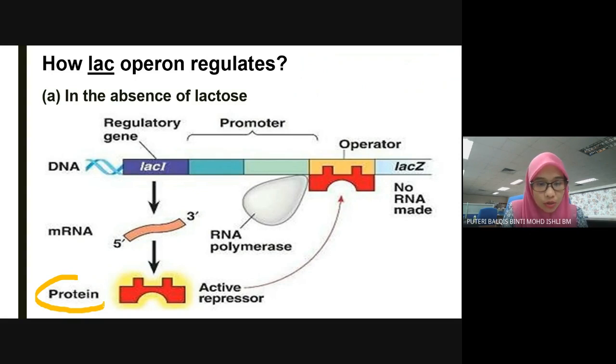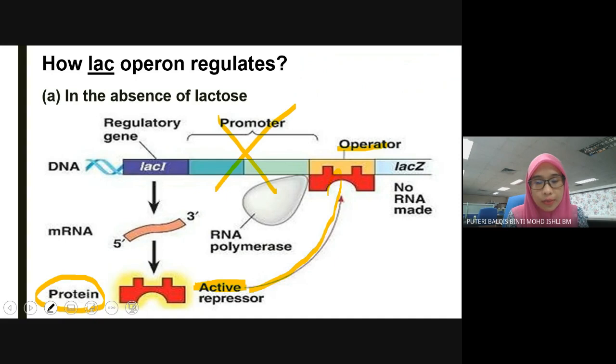Why is it switched off? Because this repressor protein is active. When it is active, it will bind to the operator. Once it binds to the operator, RNA polymerase cannot bind to the promoter.